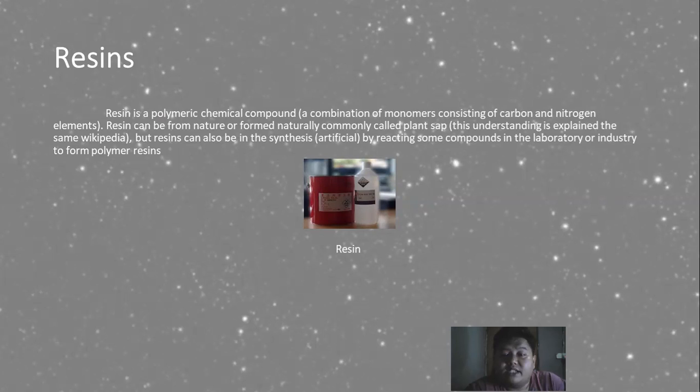This understanding is explained the same by Wikipedia, but resin can also be synthetic or artificial by reacting some compounds in the laboratory or an industry to form polymer resin.